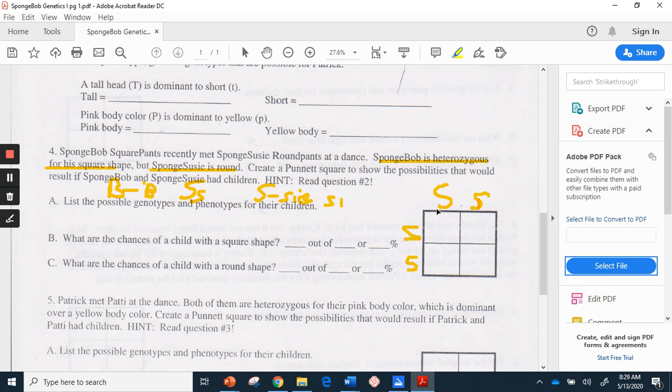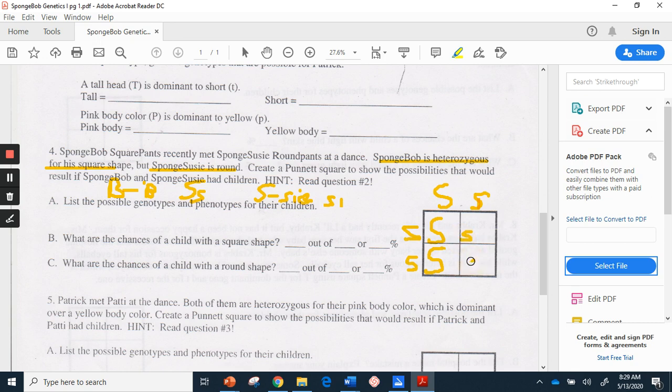Oh, all right. Capital, lowercase. Dang it. I'm trying to make this little s, and it's not. There we go.